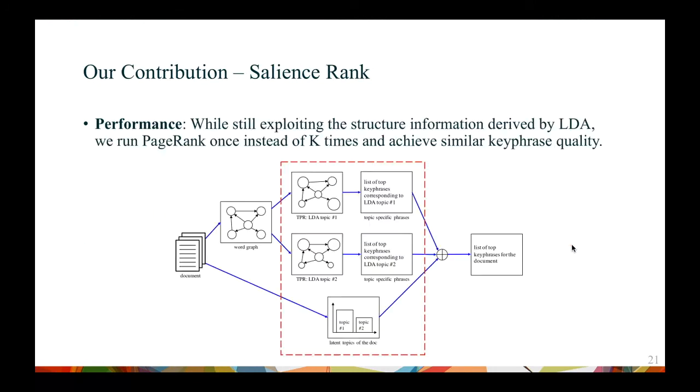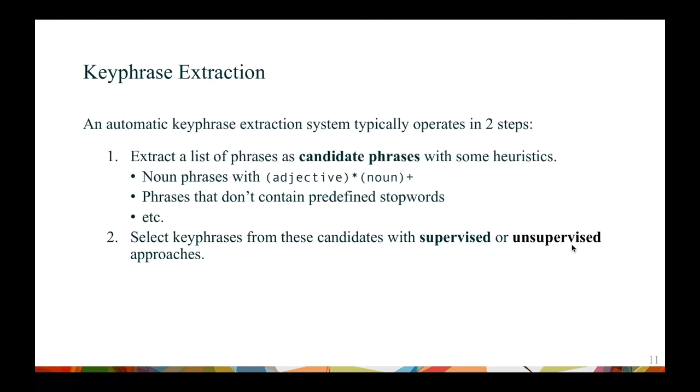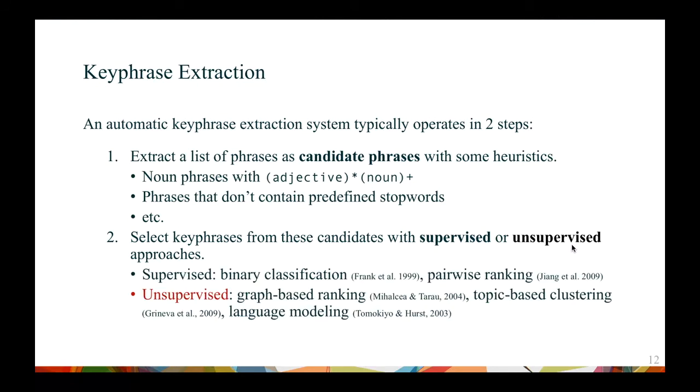This has to go back to the thing I'm talking about here, which is that this approach only considers the second part. The first part is that you first have to get a set of candidates, and that is very, very application dependent. For example, in this particular case, all the results are based on the first step, where we select noun phrases using part-of-speech tagging and select zero or more adjectives and one or more nouns.